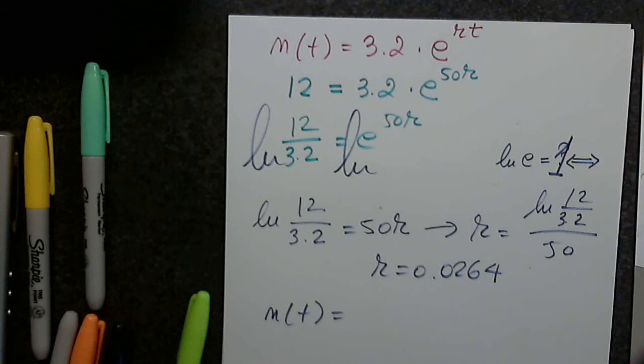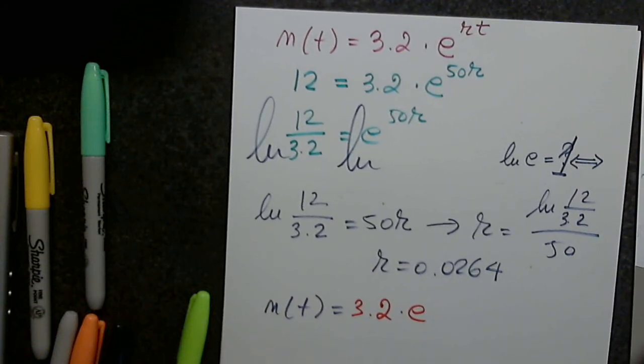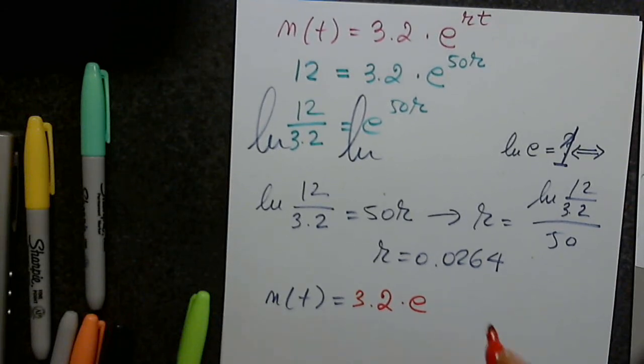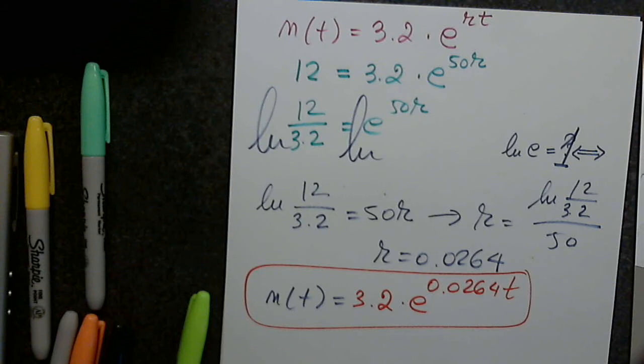So, can anyone dictate the model, please? 3.2 times e to the 0.0264 t. T indeed. Without t, I will not have the independent variable in there. Very good. Awesome.